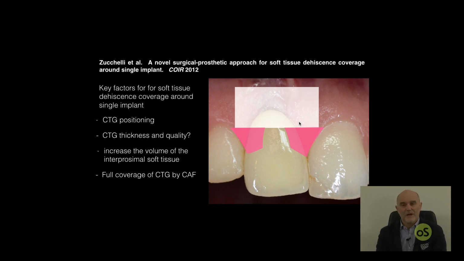This tells you why it's so risky to fail if you try to make the same surgical procedure, namely connective tissue graft plus coronally advanced flap, by leaving the implant-supported crown in position.